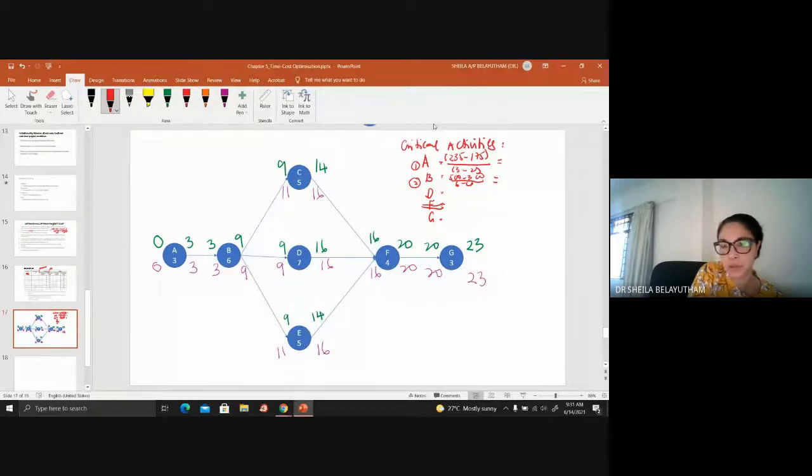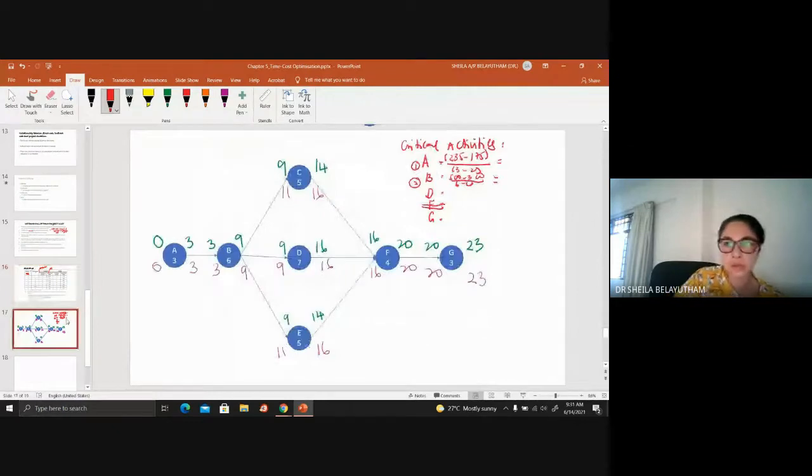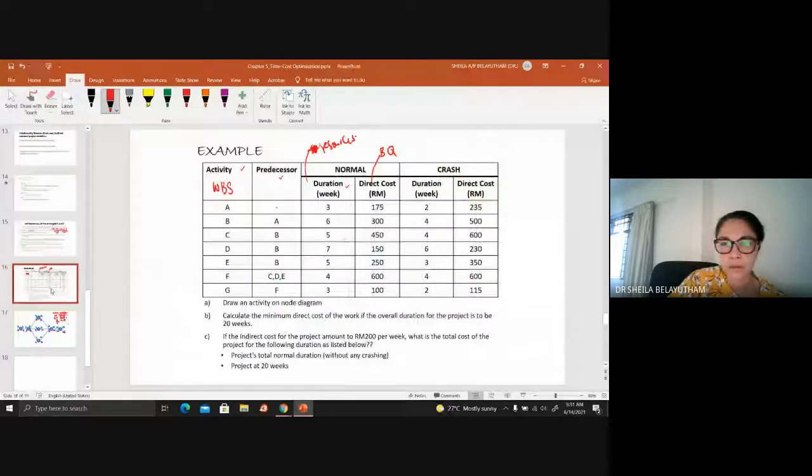Activity D is basically 230 minus 150, divided by 6 minus 5. 7 minus 6.